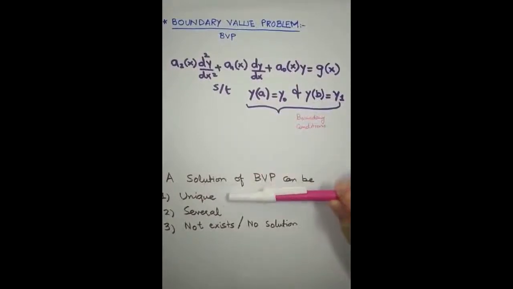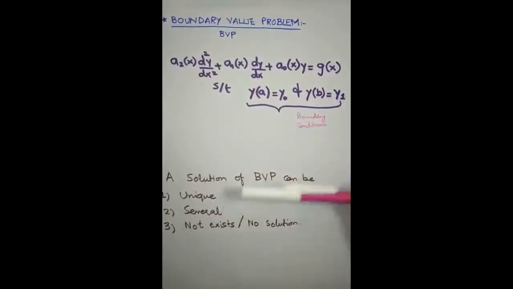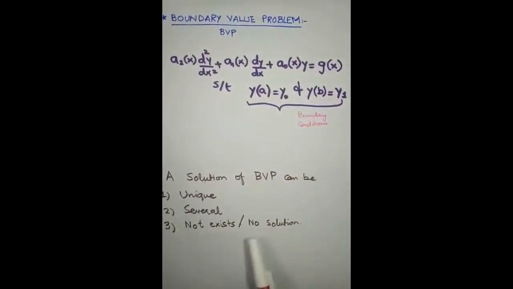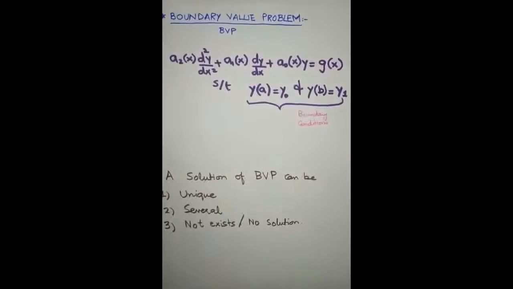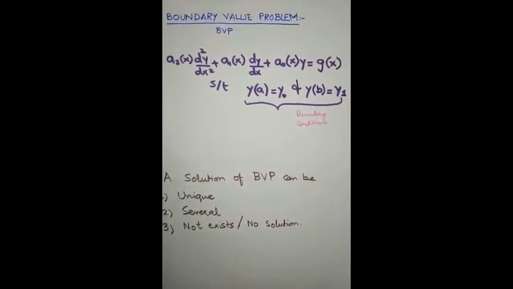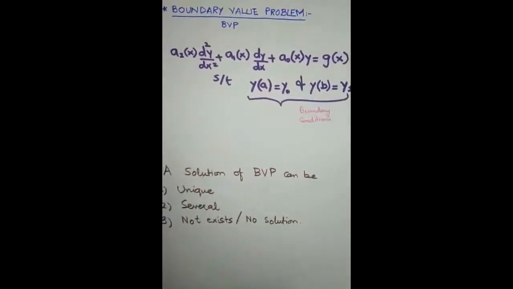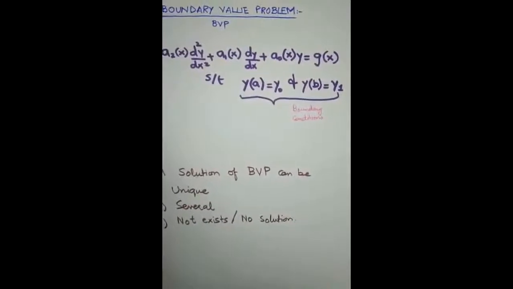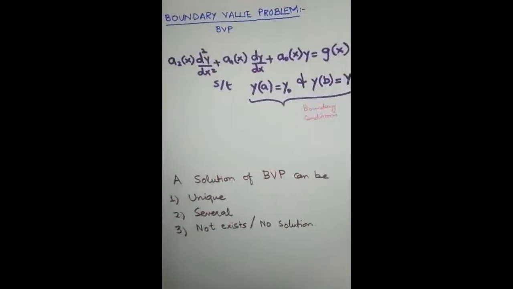First, it can be a unique solution; it can be several solutions; or there can be no solution at all if it leads to a contradiction. So in the first example, we will study how the boundary value problem is solved and how we can judge whether the solution exists or not.